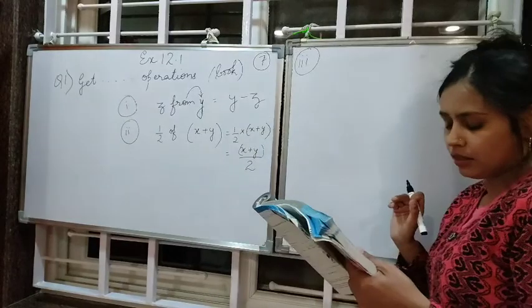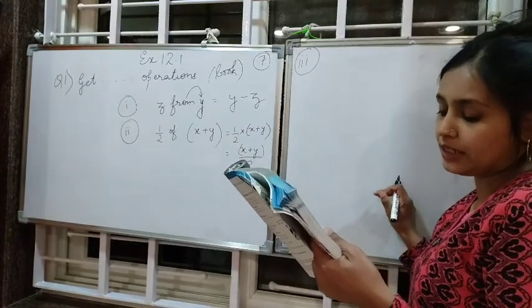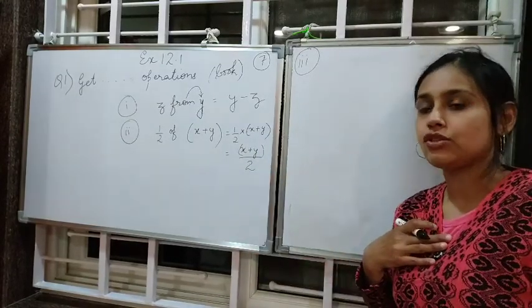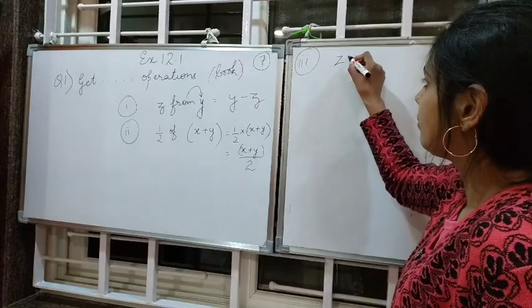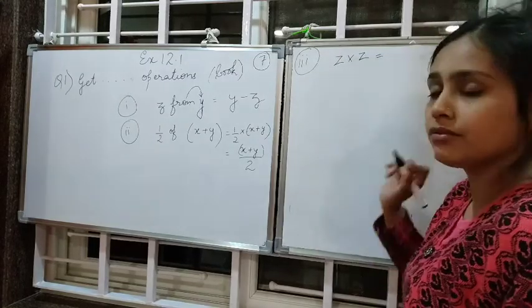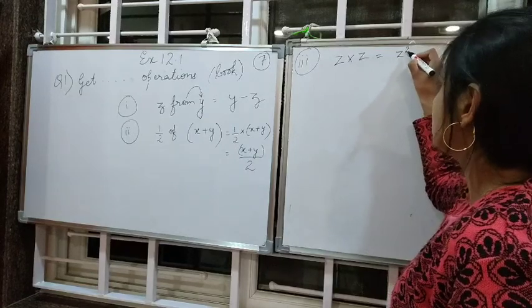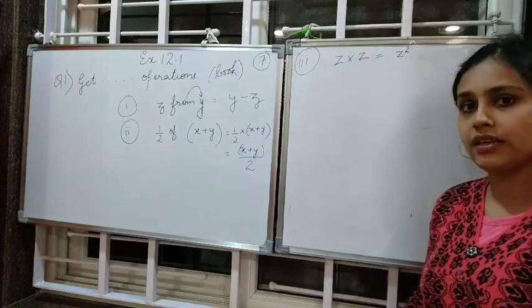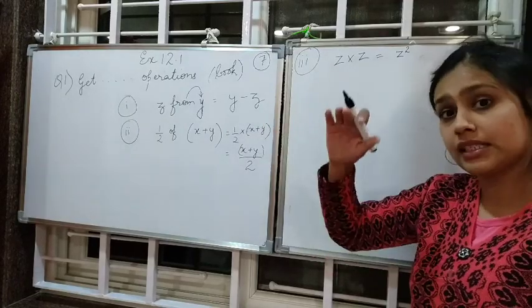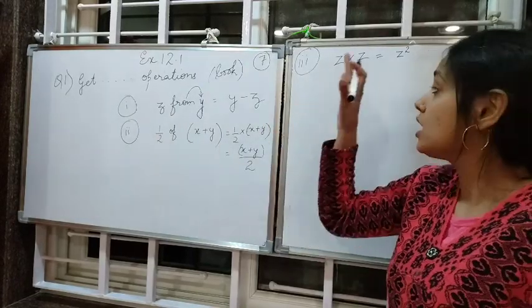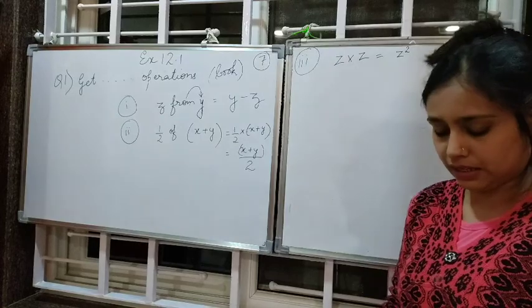The number z multiplied by itself. So z multiplied by itself means z into z, right? So this can be also written as z square. Not 2 times z, z multiplied by z, that is square of z, z square.